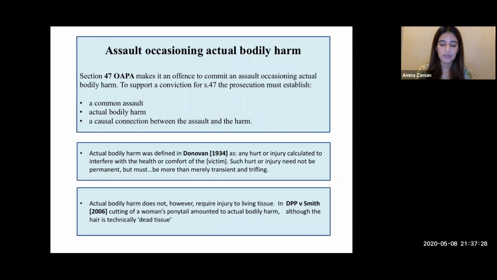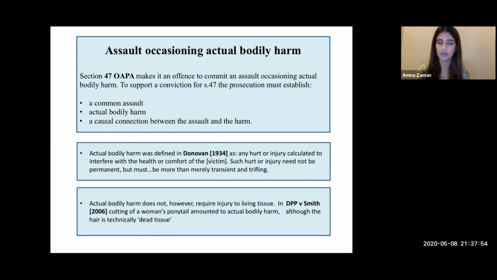The first element is common assault. When I say common assault, I mean assault or battery, either threatening the victim in a way that the victim apprehends force or applying direct force to the victim's body. So causing apprehension of force or applying force to the victim's body both amount to common assault.